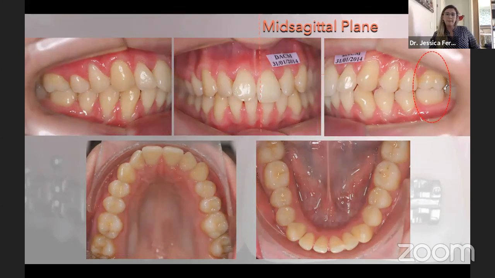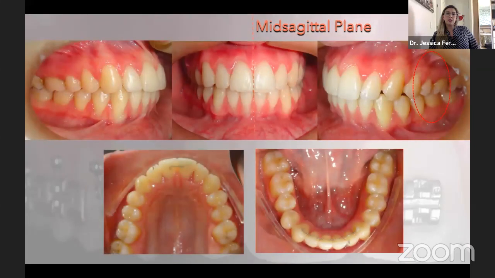So given the severity of this malocclusion, we thought about unilateral elastics, and he was a compliant patient, and he used the elastics and we treated the malocclusion with a class 1 molar and canine relationship at the end of the treatment and coincident dental midlines, both maxillary and mandibular.